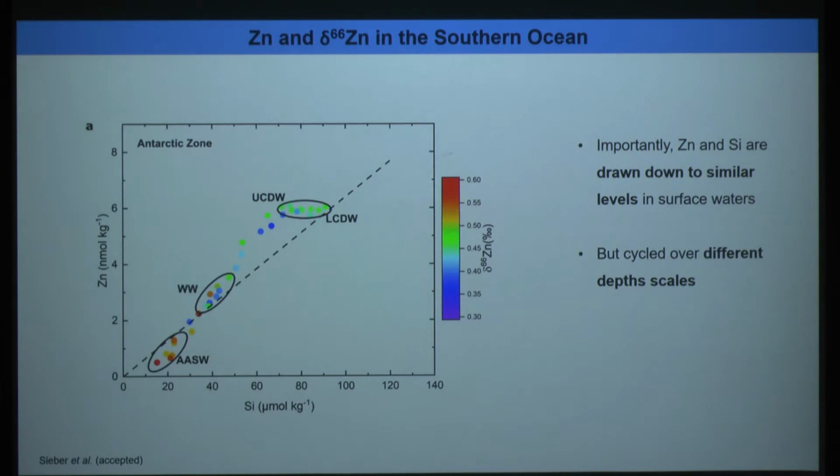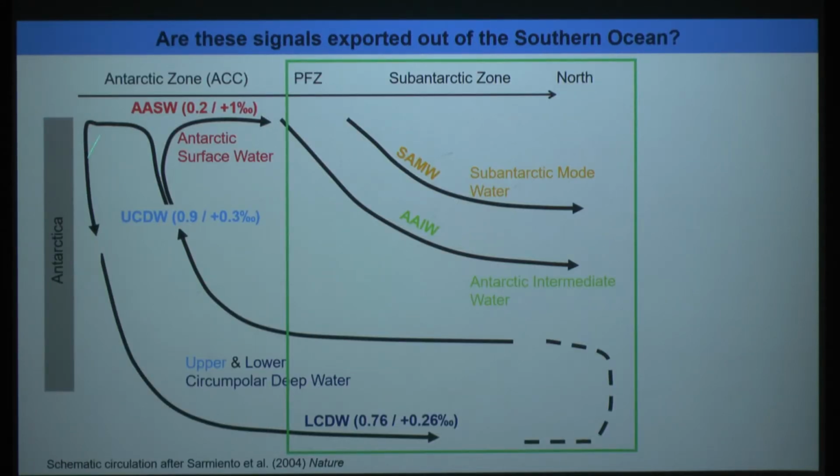So now we know what happens here within the Southern Ocean. Question is, how is this relevant? Like, why do we care about this? And this is where these intermediate waters come into play that are formed by subduction of surface water and mixing.